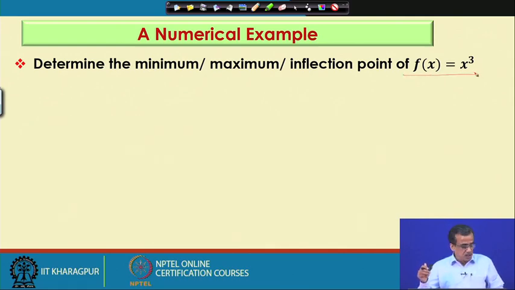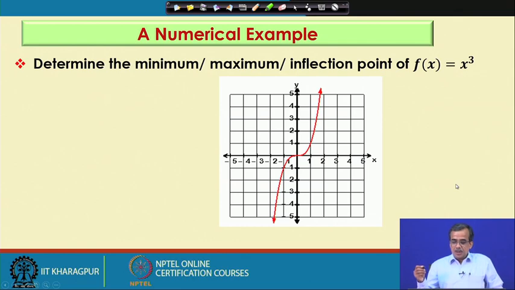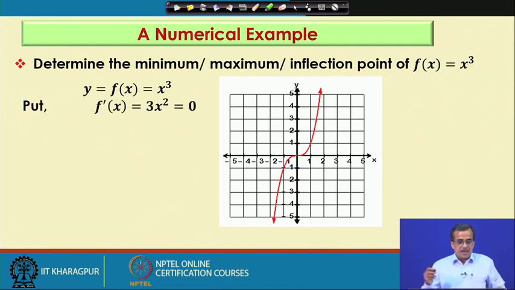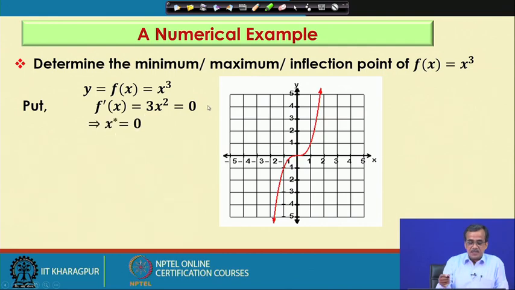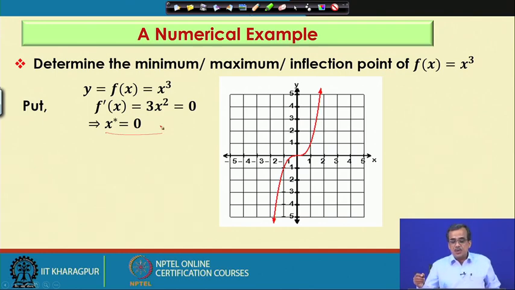Now, what we do is we try to find out the derivative of this particular function, that is f'(x), and that is nothing but 3x square, and we put this equal to 0. We solve for x, and supposing that we are getting x star equals to 0. Now, we try to find out the higher order derivative.